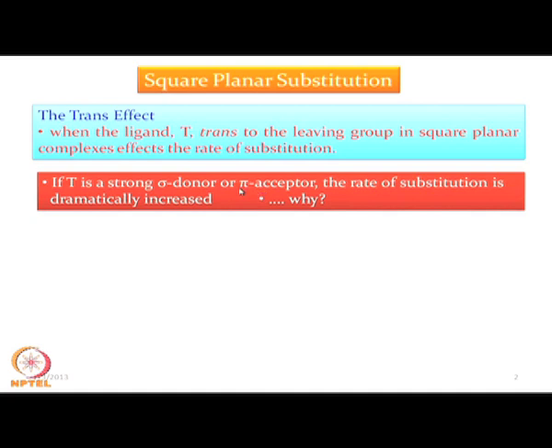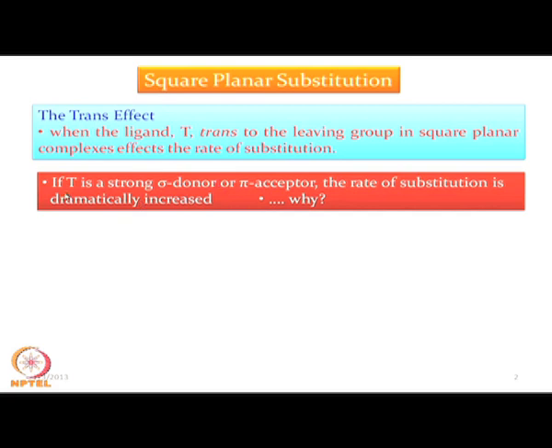And if it is a sigma donor or a pi acceptor, the nucleophilic ligand can go and attack the metal center, and this nucleophilic attack of the incoming ligand can also dramatically increase the rate of the substitution reaction.